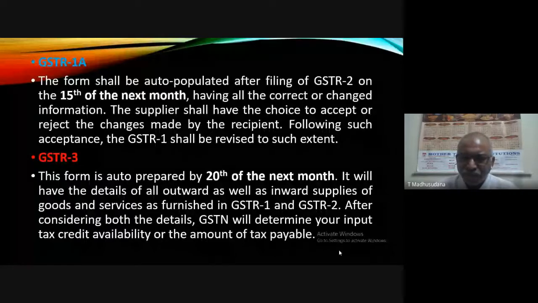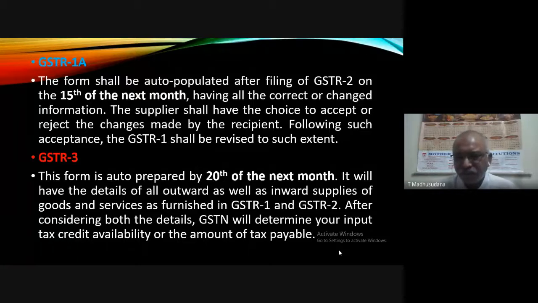It will have the details of all outward as well as inward supplies of goods and services as furnished in GSTR 1 and GSTR 2. So this GSTR 3 is auto-populated by taking the data from GSTR 1 and GSTR 2.